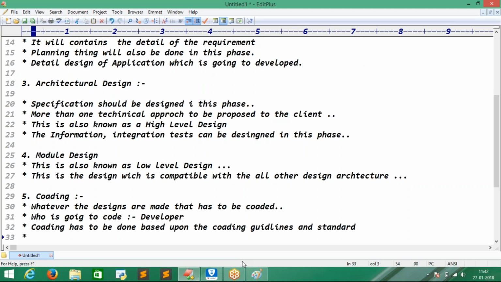There are certain coding guidelines and standards. When I discuss coding with Java and Selenium, I will let you know. For example, for every 3 or 4 lines of code, you need to explain what you have written. This is a best coding standard.